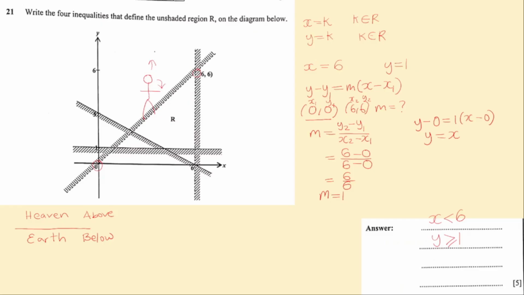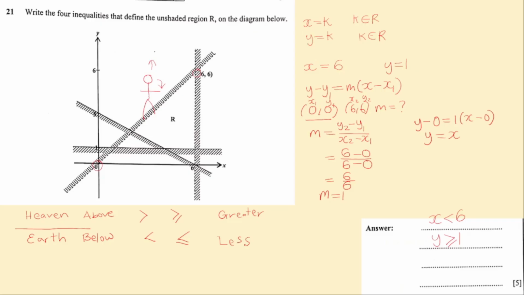And when they look down, that is where the unshaded region is. So if you are looking down or below, you're going to assign your inequality less than or equal to if the line is solid. If you're looking up or above, you're going to assign your inequality greater than or equal to, because we know that what's in heaven is greater than what's on earth.